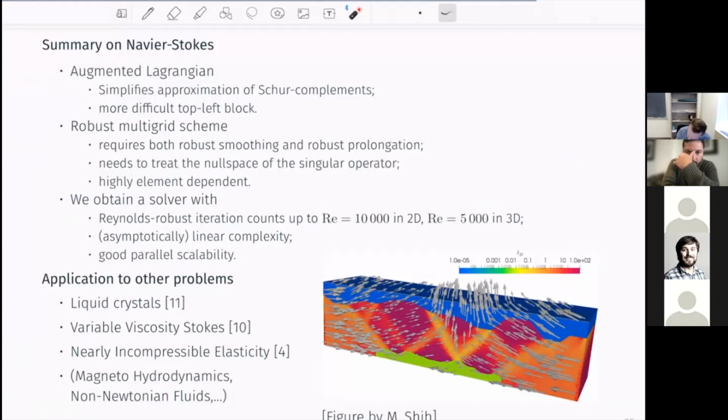And you end up with these kind of funky looking solutions that have these faults in the Earth. If you've ever seen an exposed face of rock, sometimes you see these faults in it. And yeah, she's been able to scale this to almost 2 billion degrees of freedom. And yeah, there are some other applications that I mentioned here.